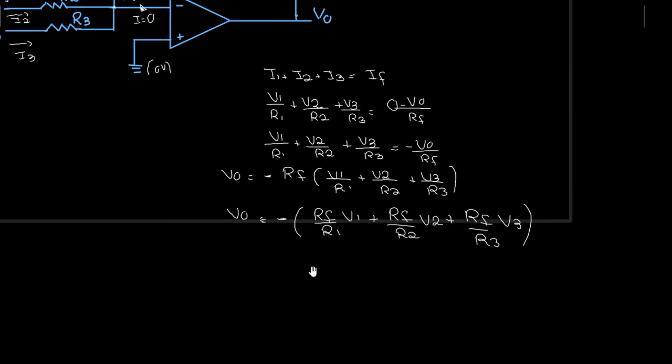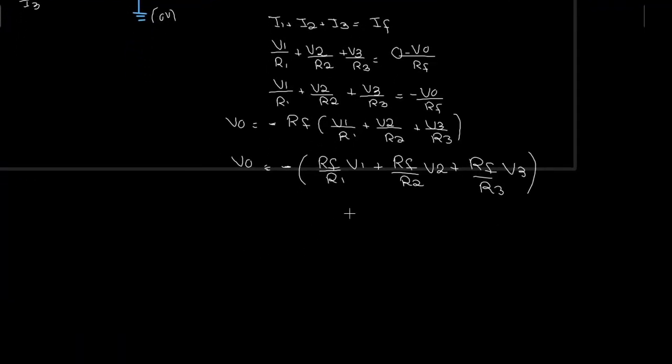Now if we have R1 equal to R2 equal to R3 equal to some value, which is R, let me write over here. Then we are going to have V0 equal to minus RF divided by R, into (V1 plus V2 plus V3).